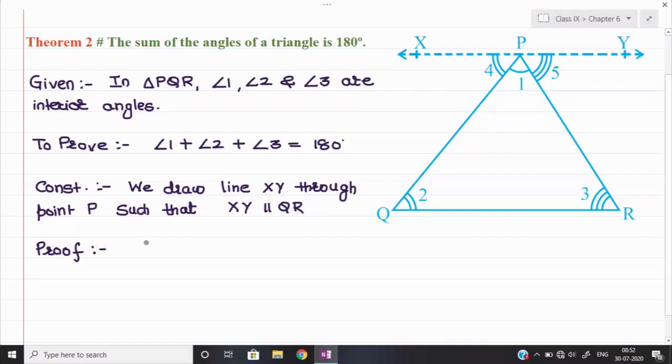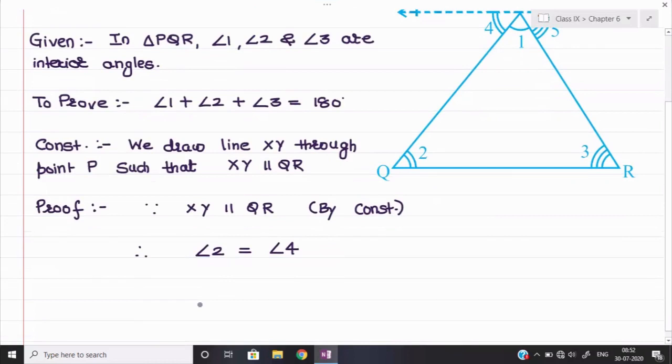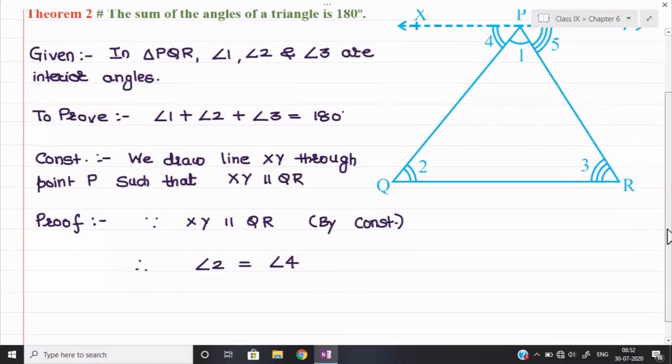So first we shall mention here, since XY is parallel to QR, how can we see that? With the help of construction. So we shall write down by construction. So therefore we can say angle 2 will be equal to angle 4. And in the same way, observe, if I change the transversal, then you see angle 3 and angle 5 are also alternate angles.